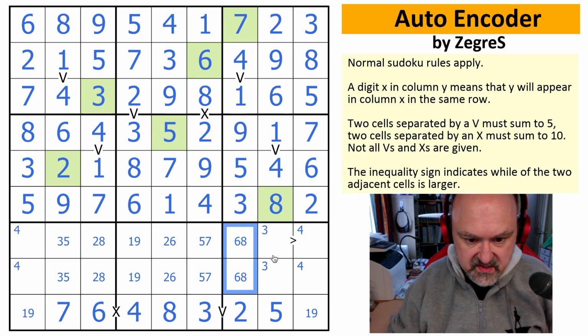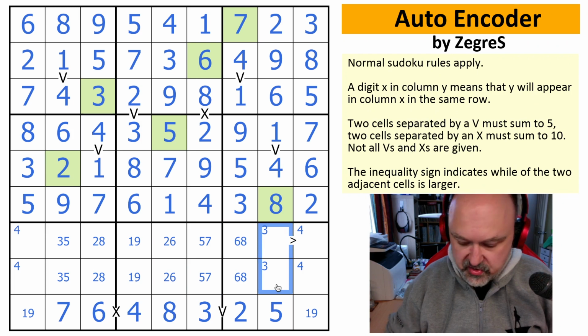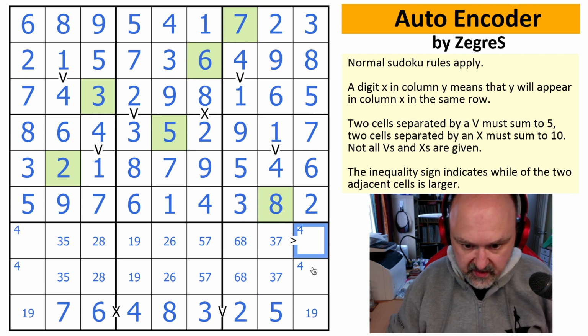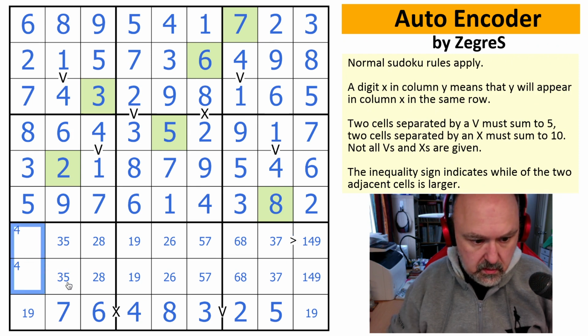So that means that 7 has to be either there, which we've got, or there, which I'm hoping makes that a 3, 7 pair. Yes, that matches that row. And here we have 1, 4, and 9. And we've got the same here.